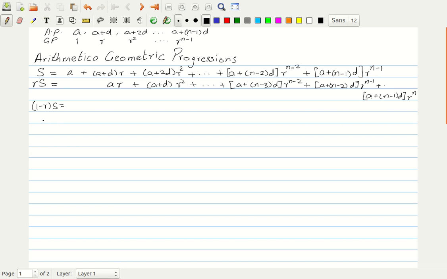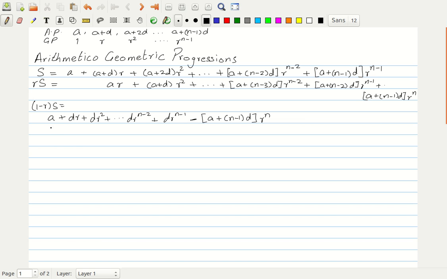So this is a minus 0, so it is a plus dr minus ar becomes plus dr, a plus 2d r square minus a plus d r square becomes dr square, this one becomes d r to the power n minus 2, this one is d r to the power n minus 1, and last you have minus a plus n minus 1 d r to the power n, right.